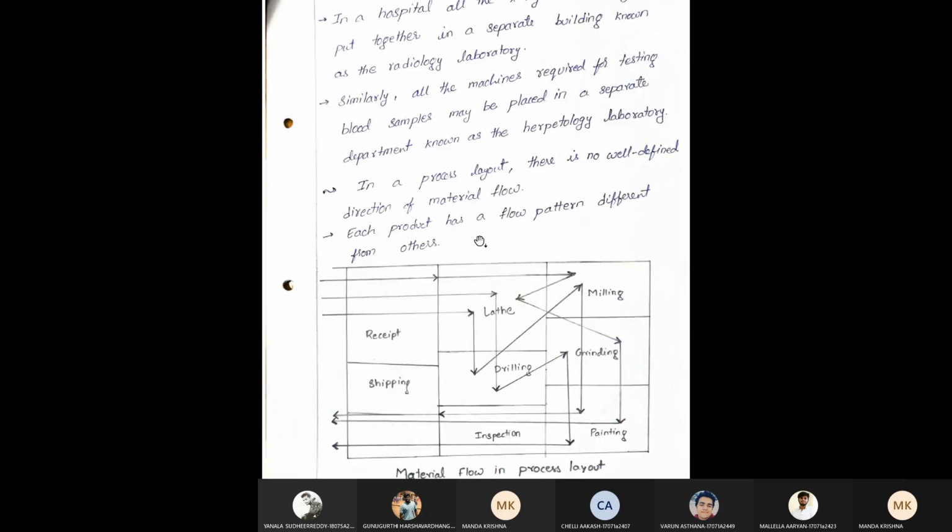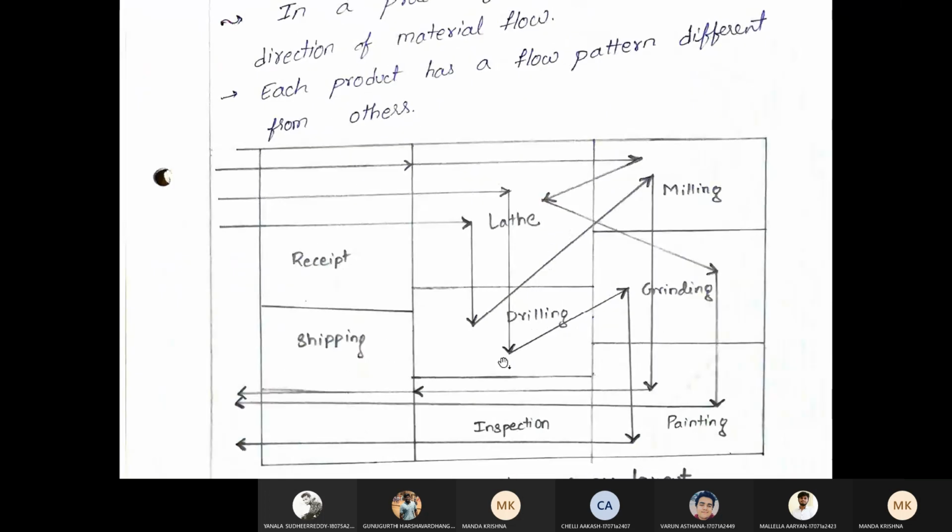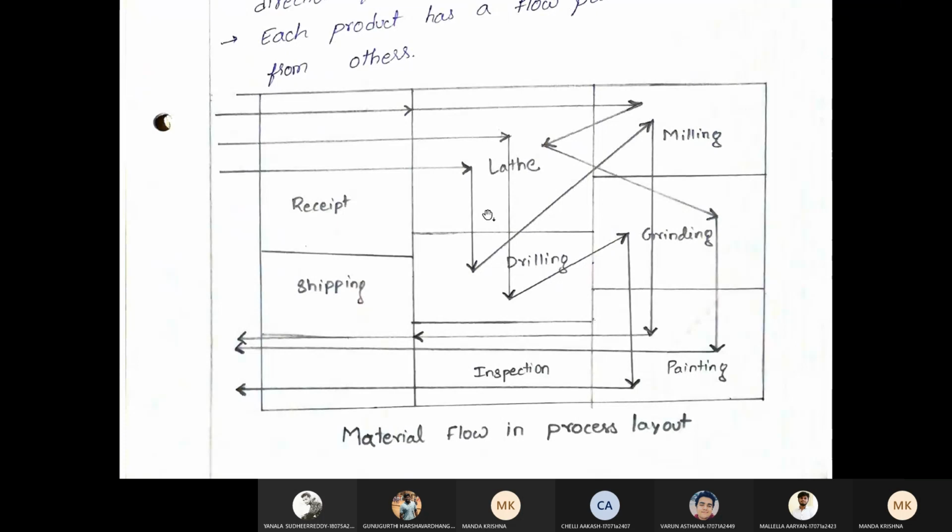In this diagram you see, we have seen layout design procedures, and before that we have seen the classification of process layout and product layout. This is process layout. The diagram here we can see receipt or the reception. This is at one place, one area.